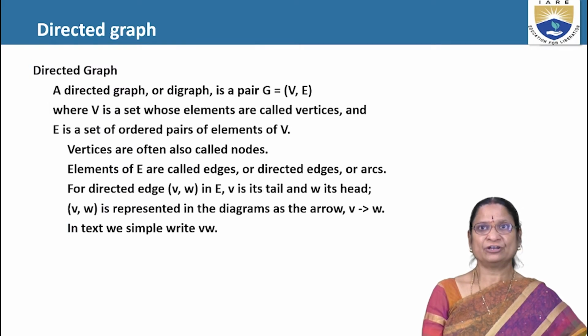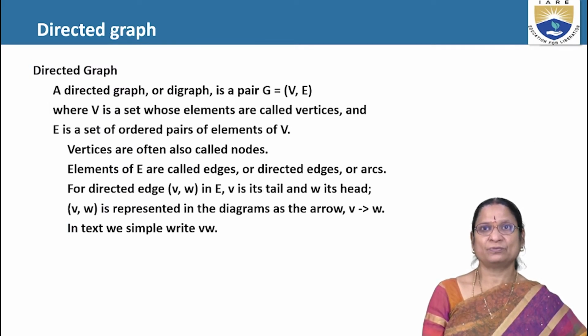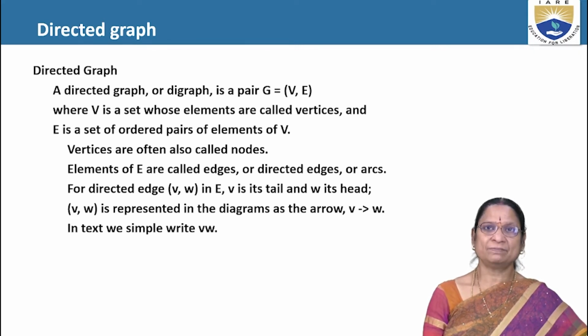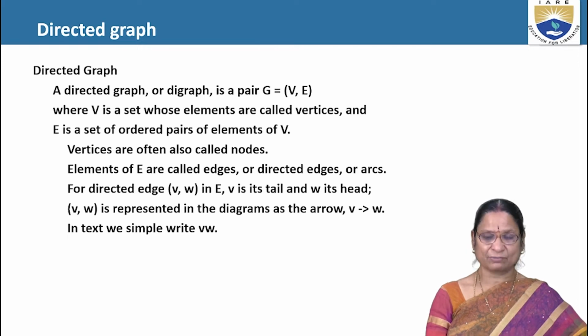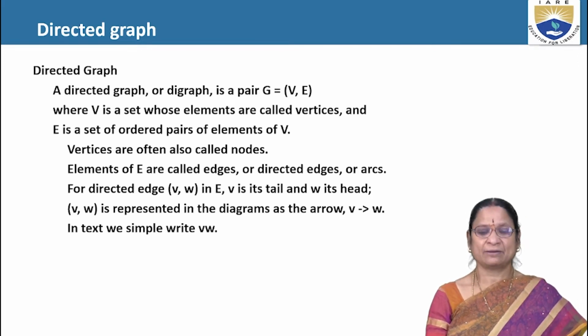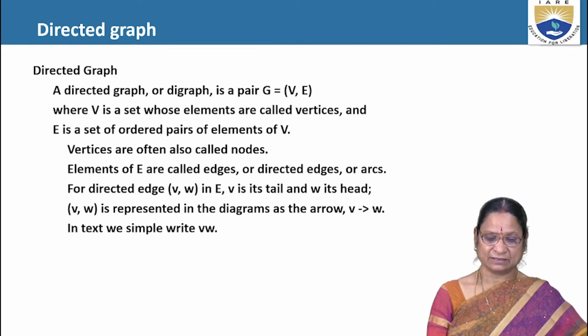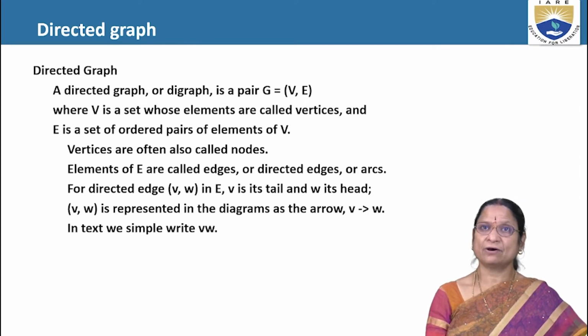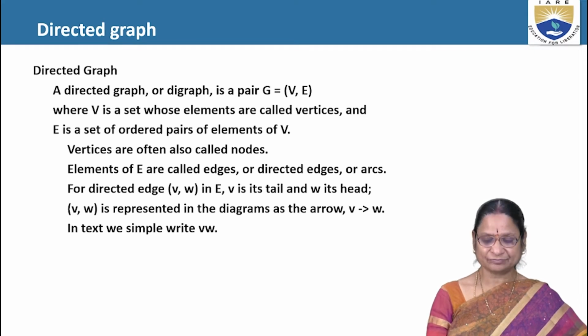A directed graph is represented as a pair of sets V and E, where V is a set of vertices and E is a set of edges which are represented as ordered pairs. Ordered pair means the order of the vertices also matters. Vertices are also often called nodes in normal programming terminology, and the elements of E are called edges or directed edges or arcs, need not be lines.